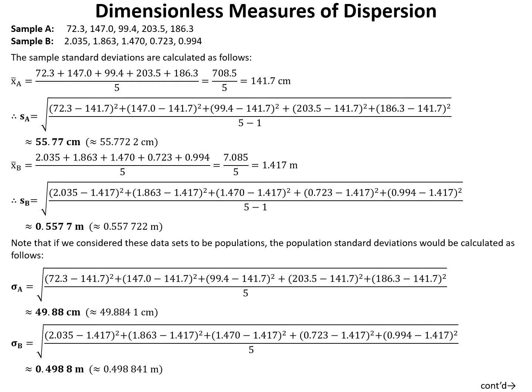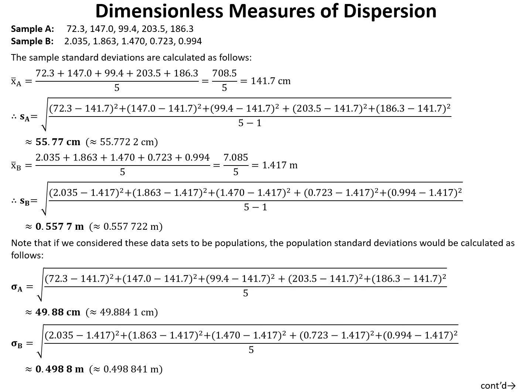Next, we work out the sample standard deviations. Similarly, we use the same mean values that we calculated before, and then we use the formula for sample standard deviation, being the square root of the sums of the squares of the deviations divided by n-1, or 5 - 1, or 4.